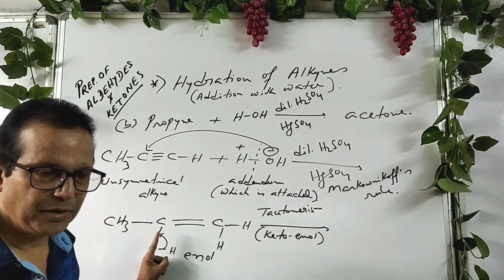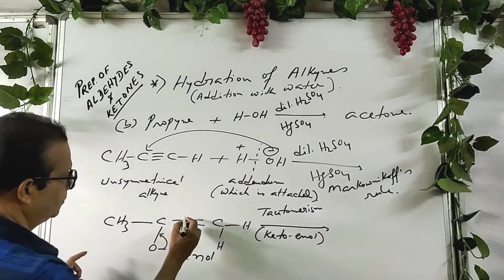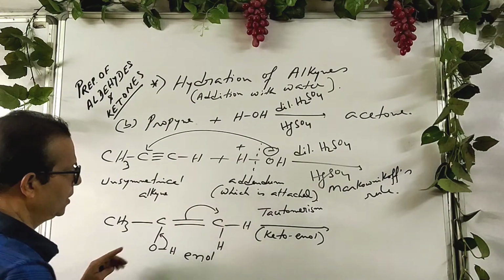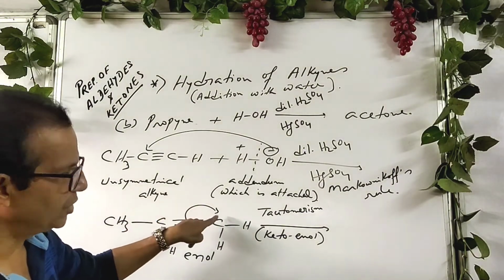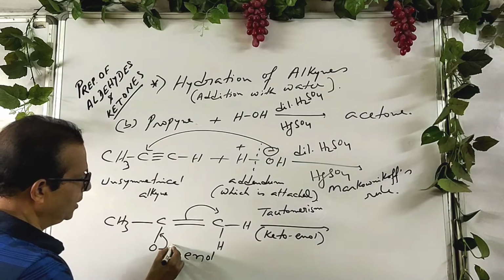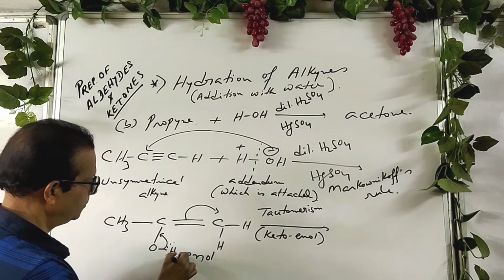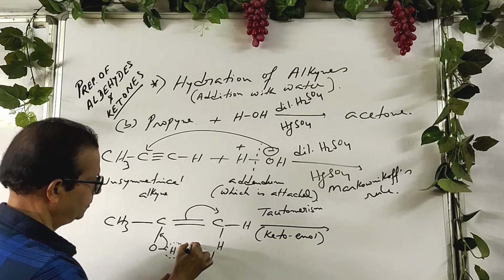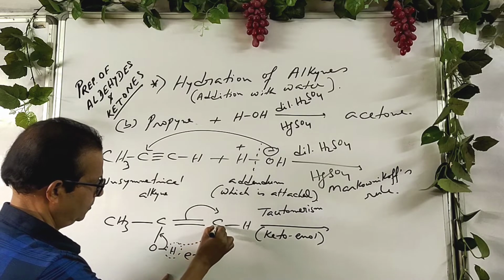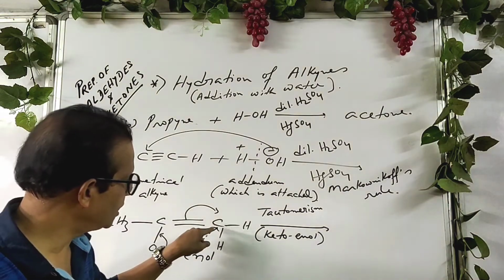You know that because it has no vacant d orbital. This pi bond shifts on this carbon atom and the oxygen releases the hydrogen atom. This hydrogen gets attached to the carbon.